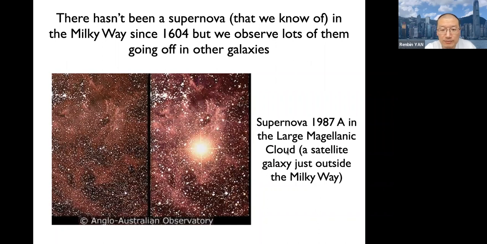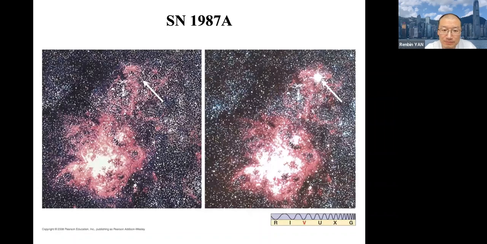We should be seeing one sometime in the future, we don't know. We have to wait. On average, it takes about 100 years for a galaxy to have a supernova. So we are kind of overdue for that.